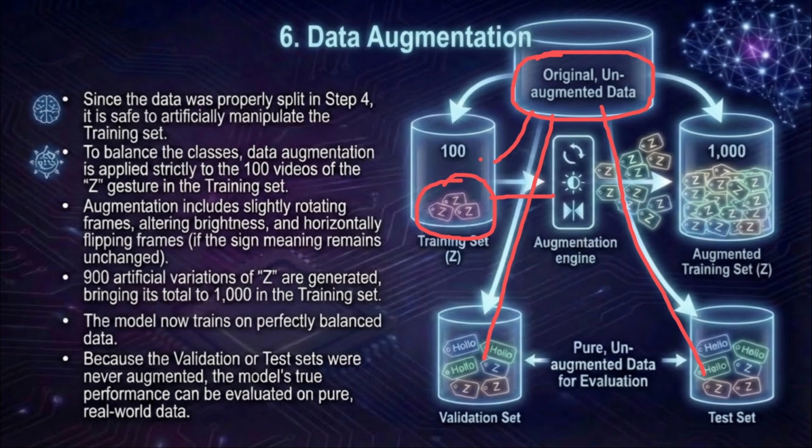So we'll have 900 different variants plus the original 100. Then we'll have 1000 new Z examples. Now we'll have an equal number of hello and Z examples, right? So our model will train on perfectly balanced data. Because the validation and test sets were never augmented, the model's true performance can be evaluated on pure real world data.